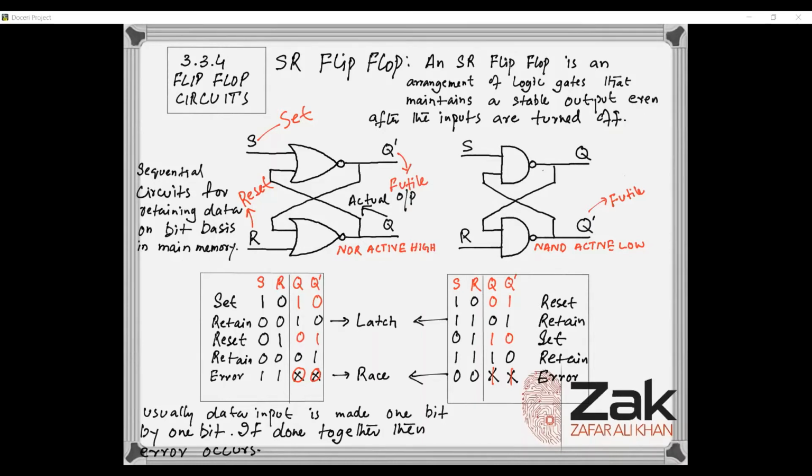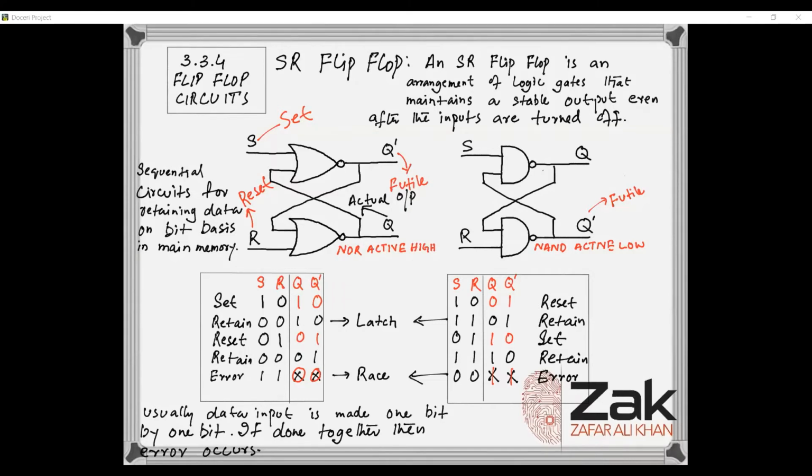All right, so feel the A2 complications. You need to remember these things. NOR-based SR flip-flops are actually NOR active high, and NAND logic based SR flip-flops are NAND active low. All right, so now let's move on. These were SR flip-flop circuits. SR means set and reset.